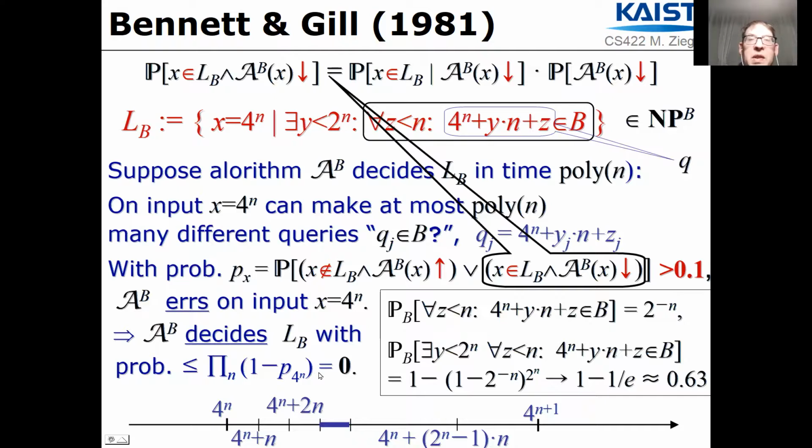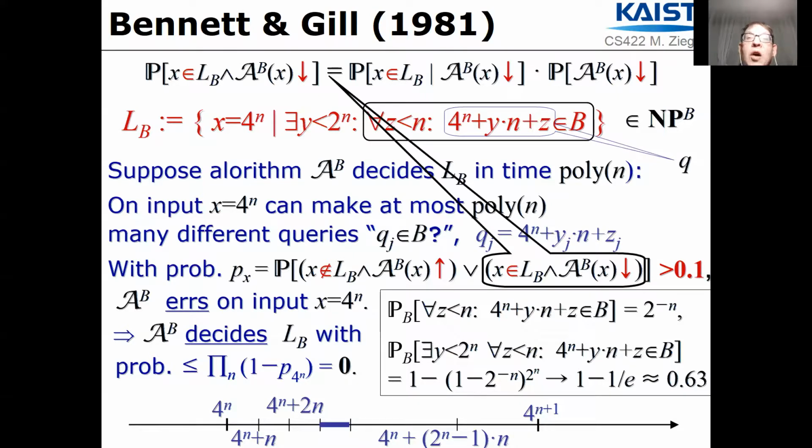So with probability 0 does the algorithm operate correctly on all possible inputs. So it's probability 0 that the algorithm really decides that. And since we talked about an arbitrary polynomial time algorithm, that means every polynomial time algorithm works correctly with probability 0. And now at the final step, we need to consider the event that there exists an algorithm.